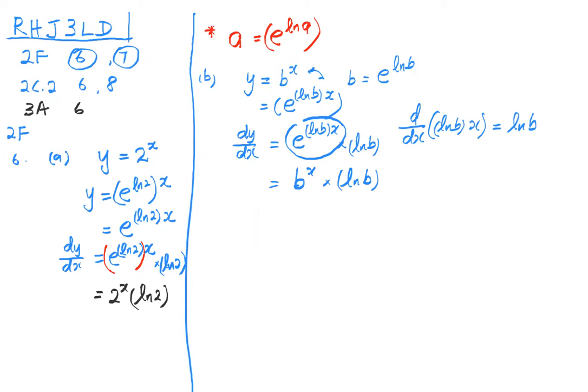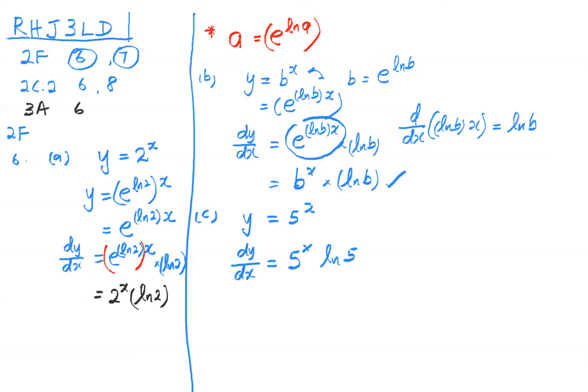So I apply this formula into part C. Look, my y is equal to 5 to the power of x. Follow this formula, dy/dx, replace your b as 5: 5 to the power x times ln 5. Got it?